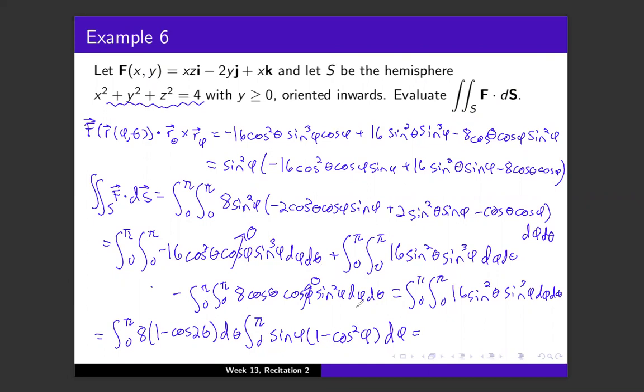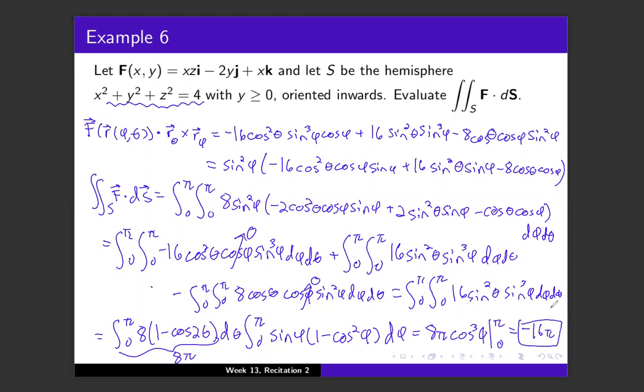And what's going to happen here in this case is the first of these integrals is just equal to 8 pi. Sine phi is going to go away. So the whole thing that we're left with is 8 pi times cosine cubed phi, evaluated from 0 to pi, which becomes negative 16 pi.